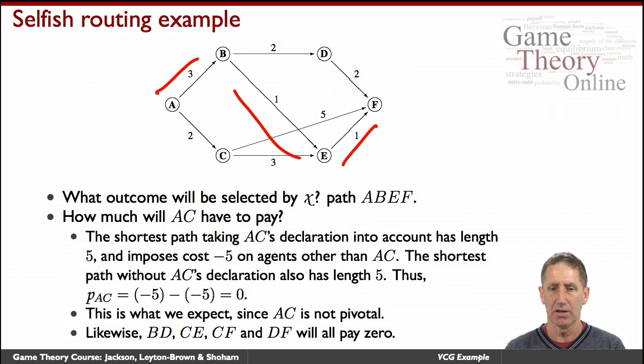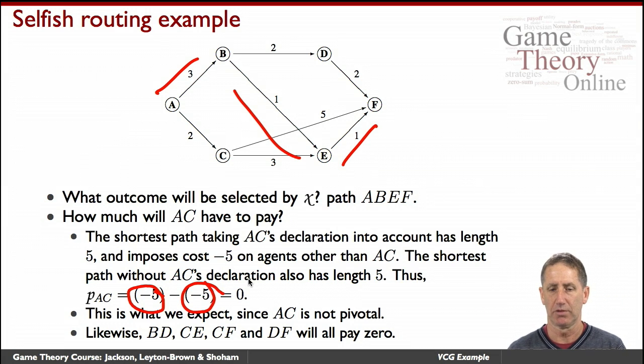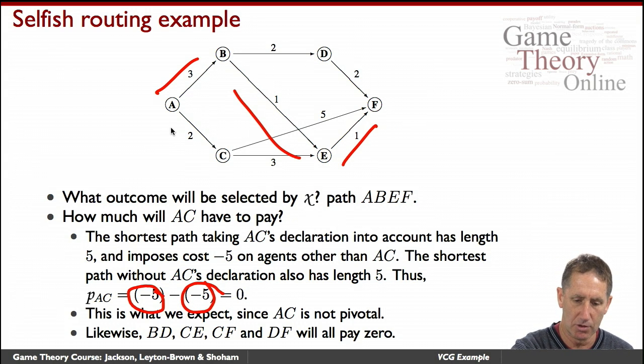Had AC not been in the picture and not declared anything, what would the total cost to the agents have been? Well, it would have been the very same path, so the shortest path, and so the cost would have been 5 also. And so the amount that AC pays, if you wish, is the difference between the cost to the agents with him in the picture and the cost without him in the picture, which of course is 0.